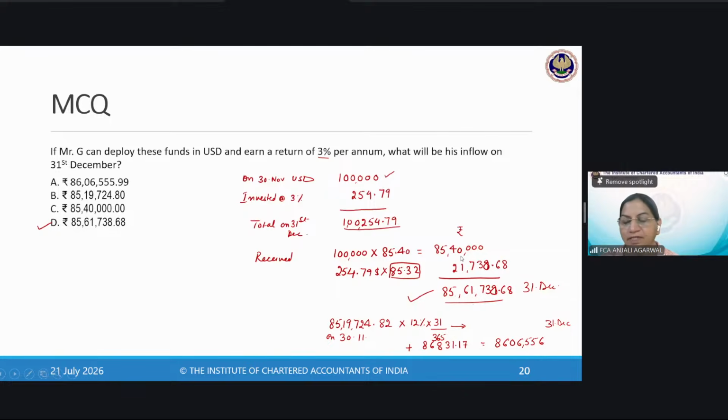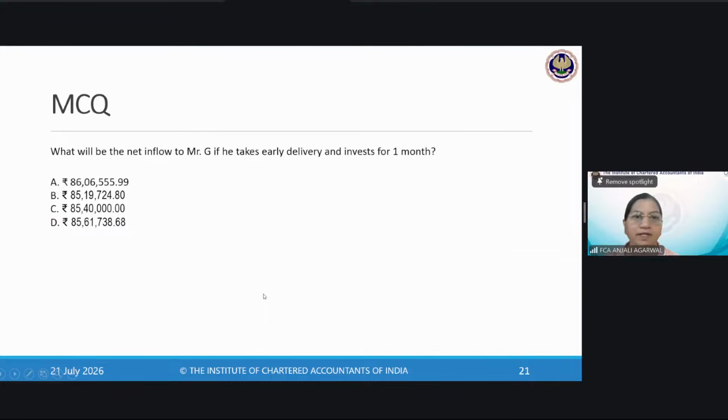So if you had invested in US, you would have got 85 lakh 61,000. But if you had invested in India, you would have got 86 lakh 6,556. So therefore, investment in India is better.